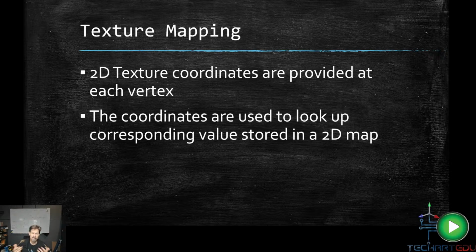They're two-dimensional, and they usually go between 0 and 1 in a horizontal and a vertical direction, or in what's called the U and the V directions. Because it corresponds to a two-dimensional image, you can use those texture coordinates to look up their corresponding values from an actual texture image. Now, it doesn't have to come from a texture image, it can come from anywhere, but we're keeping it simple and using texture images right now.